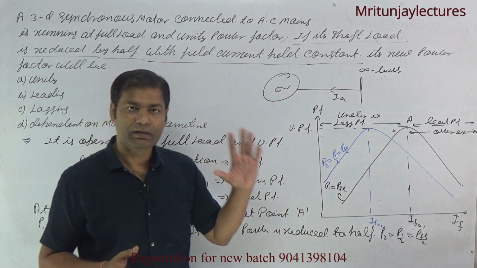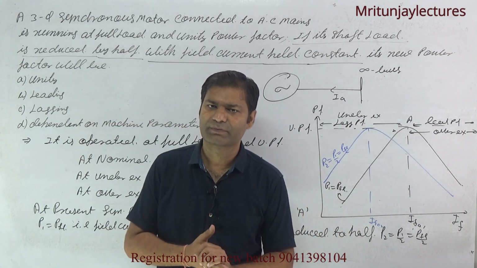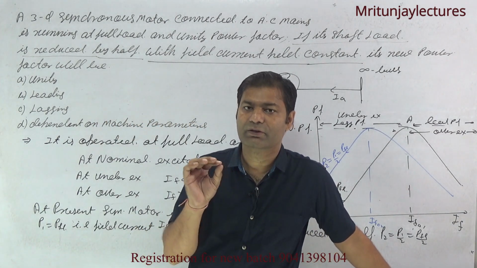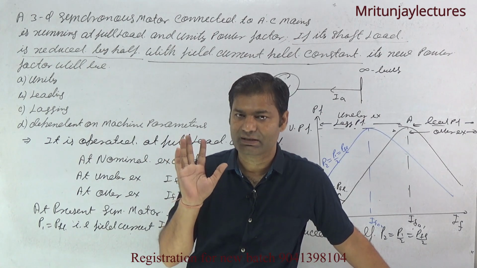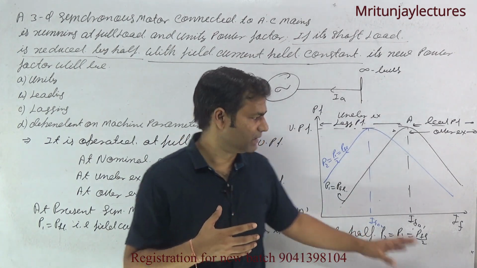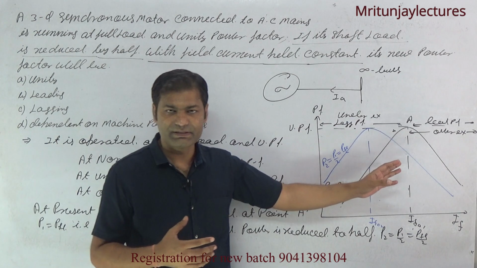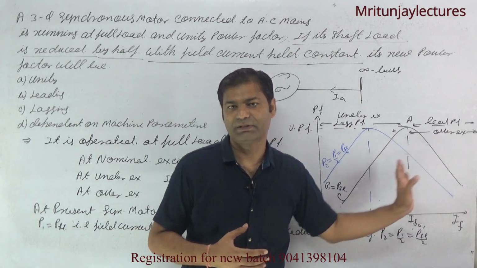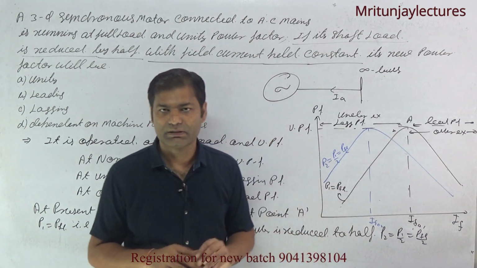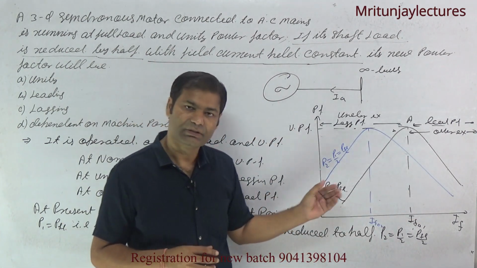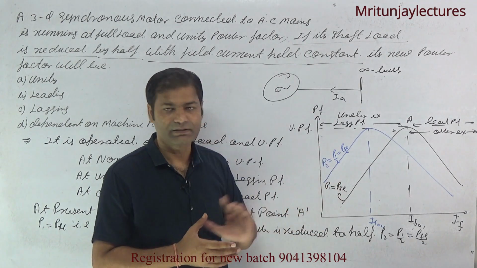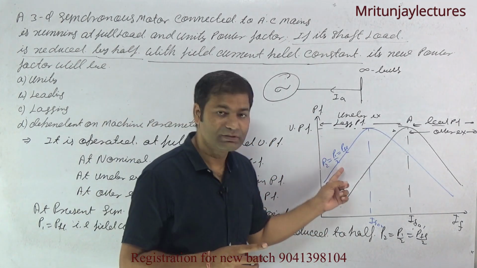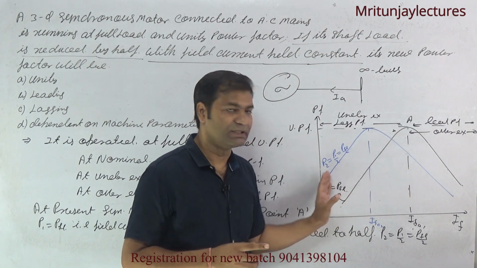I have already discussed this in power factor control of synchronous motor and synchronous generator, how to make the graph of this type. If power decreases, then this one is shifted. If power increases, then this one is also shifted. Okay, clear? If any doubt, then go and watch the power factor control of the synchronous motor.